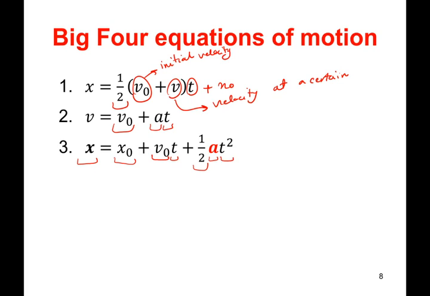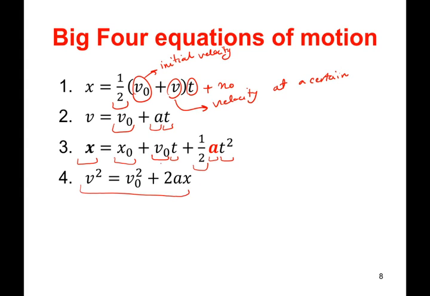Okay, a is your acceleration and t squared is your time squared. And based on these, if we combine these equations and play with them, we can actually find this relationship as well: v squared is equal to v naught squared plus 2ax. Let's see how we can get to this equation.